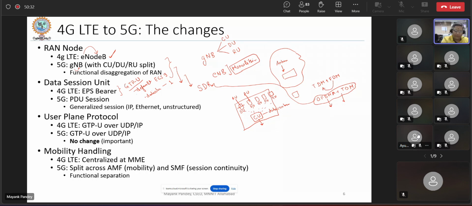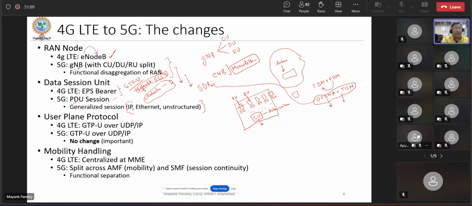We used to create the dedicated bearer for VoLTE calls, and for default we used to have the default bearer with less quality of service. Here everything is being removed. It's a general IP Ethernet protocol data unit session, the way internet works. It's nothing like TEIDs and everything else. It is just a generalized session, the way internet packets move. Similarly, PDU sessions are there instead of different bearers.